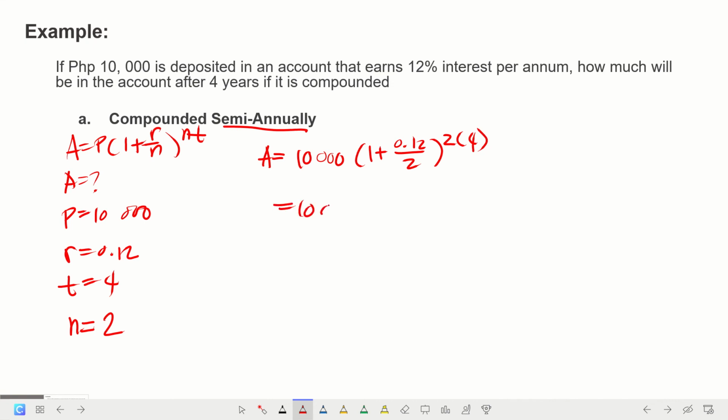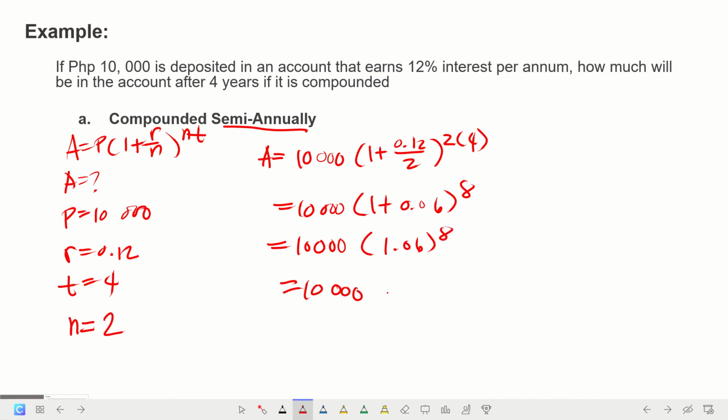So 10,000 times 1 plus 0.06 raised to 8. 10,000 times 1.06 raised to 8. 1.06 raised to 8 is equal to 1.593848075 times 10,000.